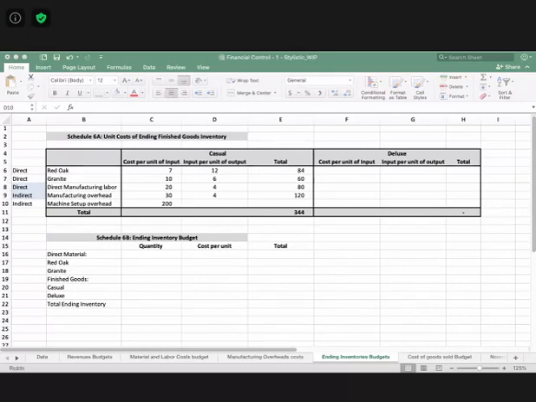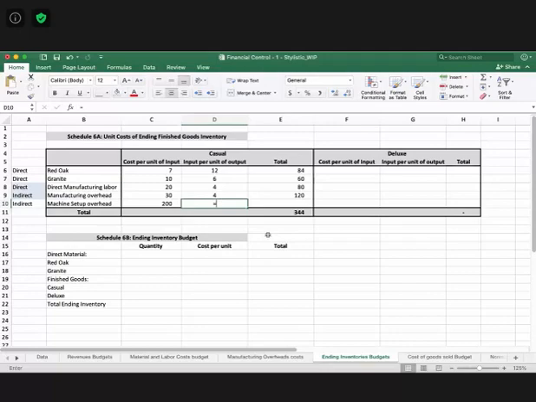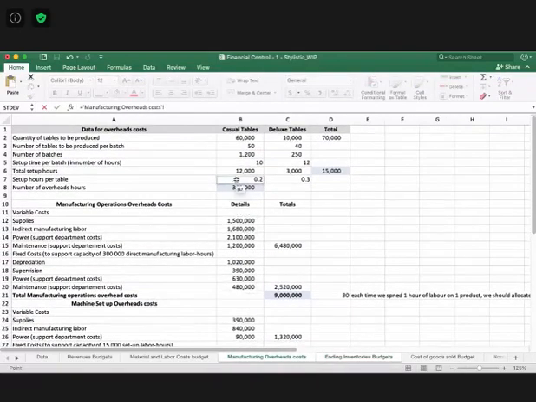Manufacturing overhead cost B7 basic. Yes, okay, sorry, I forgot. We have it here in the previous one.